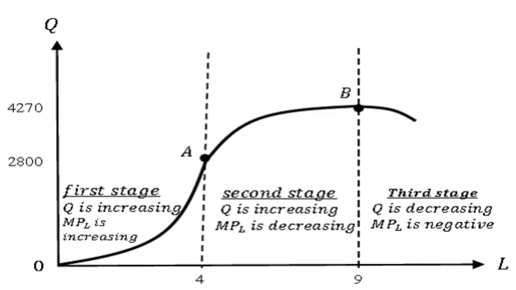At the second stage, quantity produced is increasing but marginal product of labor is decreasing, so quantity produced is increasing at a decreasing rate. At the third stage, quantity produced is decreasing and marginal product of labor is decreasing, and it will be negative.